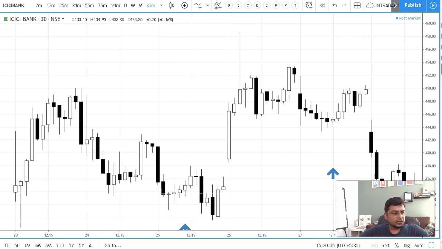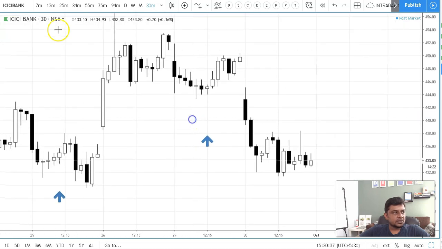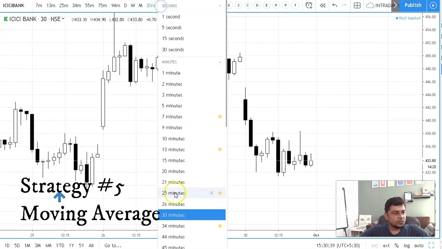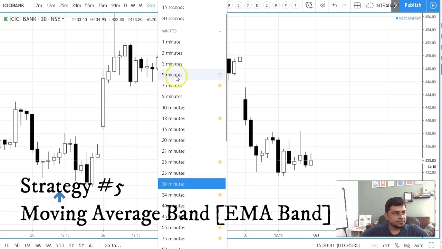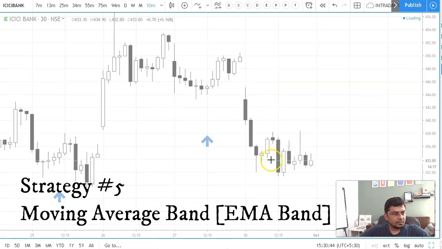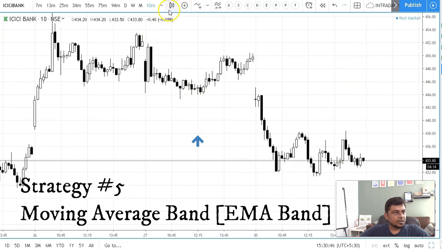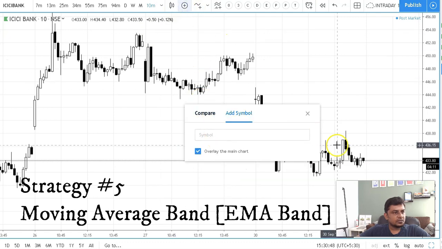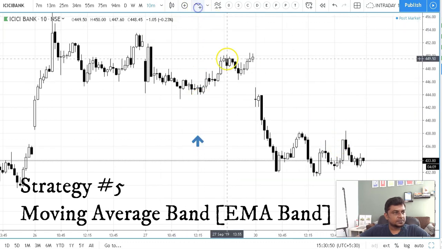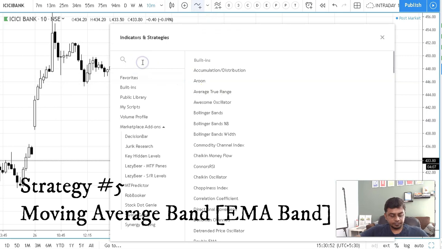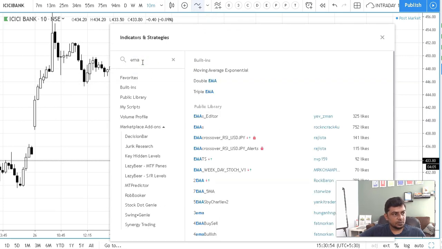And the next is going to be moving average. So for moving average, you can shift it to 10 minutes or 15 minutes, and you can use exponential moving average.